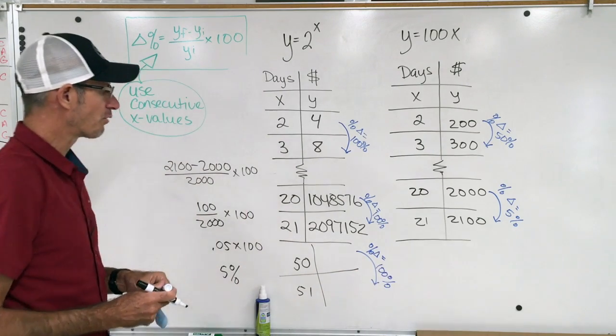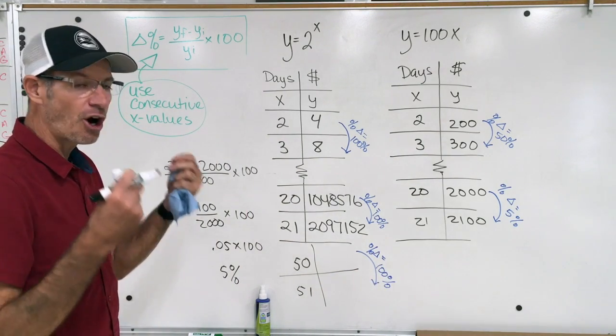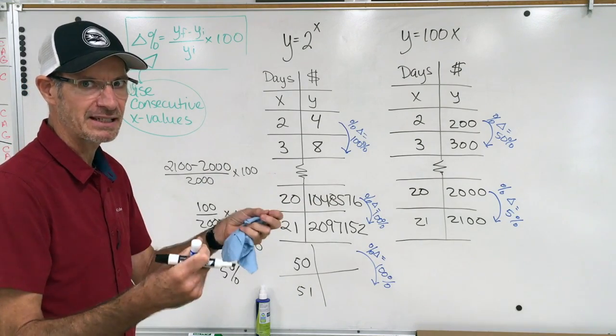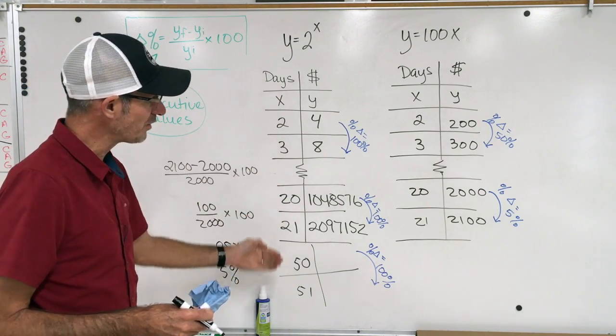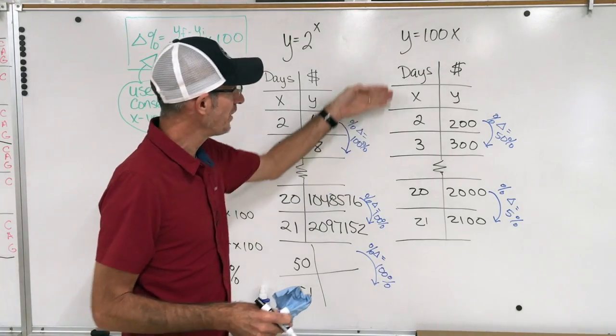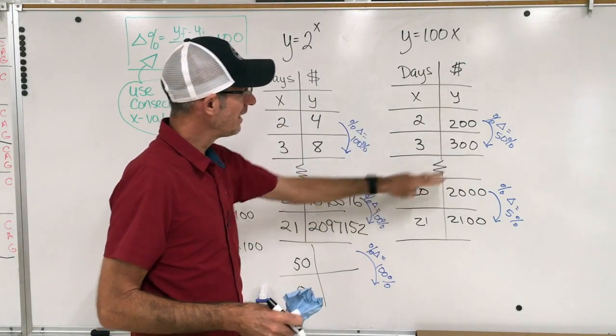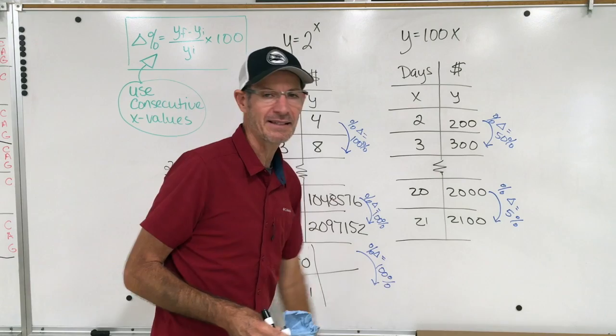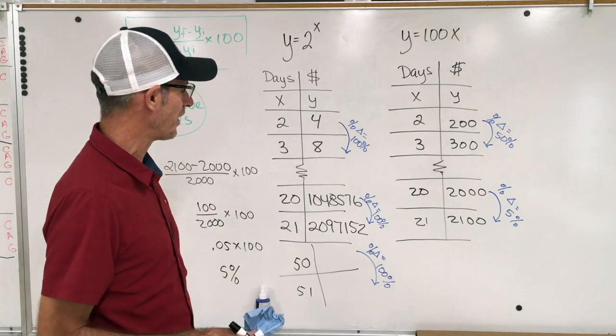And so exponential growth happens quickly because it's always growing by the same percentage no matter how many days go by. In linear growth, as the number of days go by, the percent change is less and less and less as time goes on.